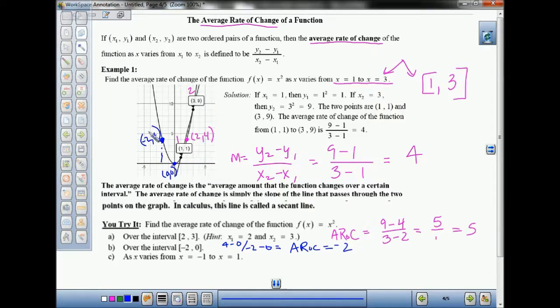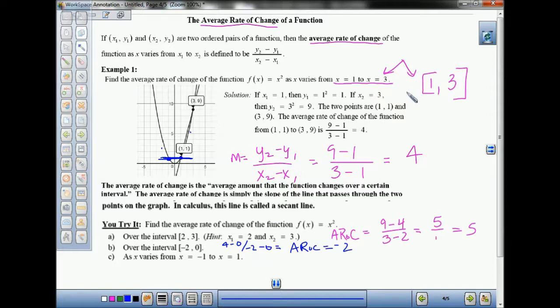Okay, now the last one is very interesting. What is your average rate of change from an x value of negative 1 to an x value of positive 1? Well, here's an x value of negative 1, and here's an x value of positive 1. So if we look at the slope between those two points, the slope is 0.